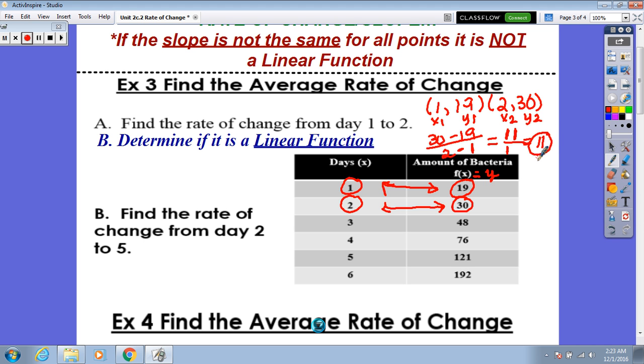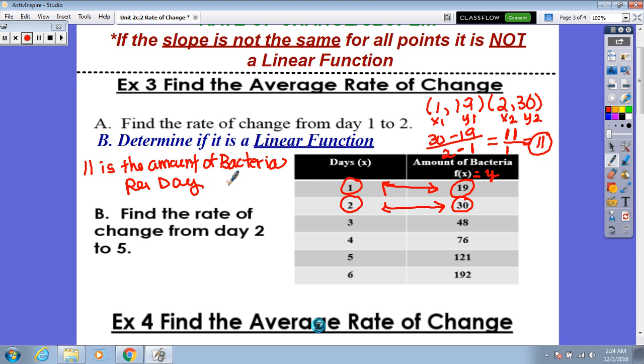Okay. So using the variables, remember y's went on the top. So 11 is the amount of bacteria per day.